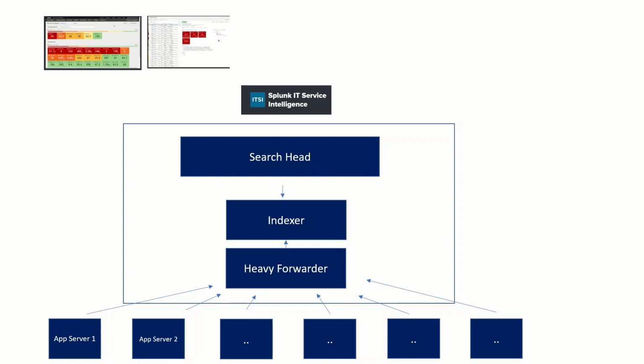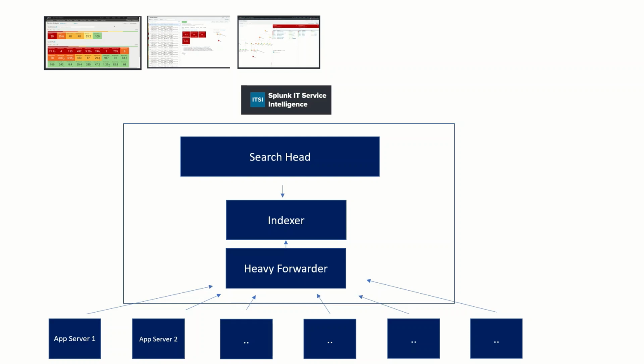Next one is one of the views in ITSI which we call the episode view, where a bunch of similar events merge together and create an episode. So don't worry about it, I will go into detail on each and every topic. Next one is again the service analyzer, a different form of view.